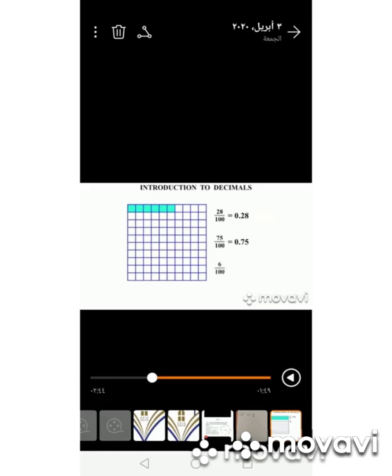Write it as a fraction, 6/100, which equals in decimal 0.06. Pay attention, not 0.6. Why? Because in hundredths, we should put the decimal point after 2 digits. So put 6, then 0, then put the decimal point in order to be after 2 digits.